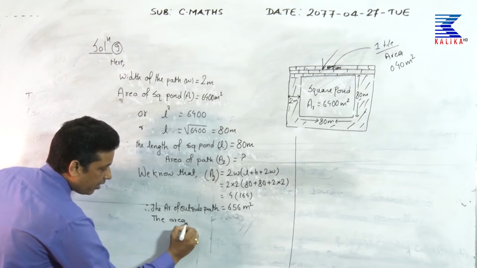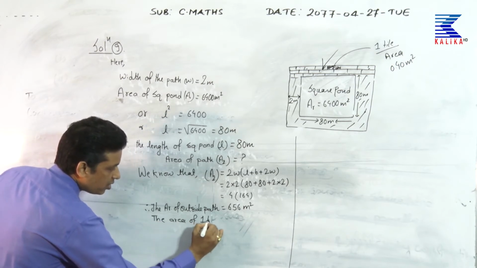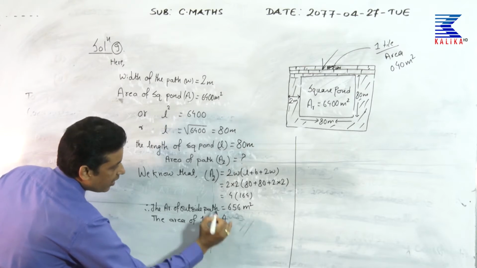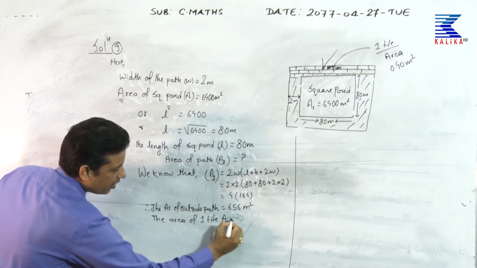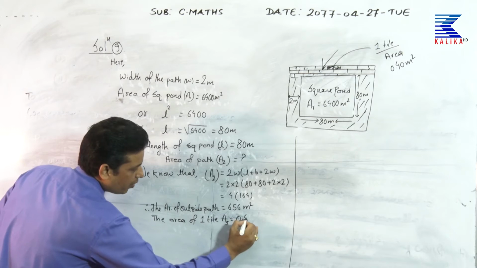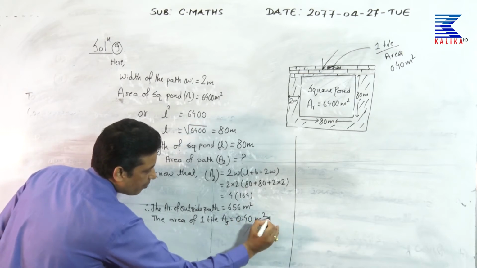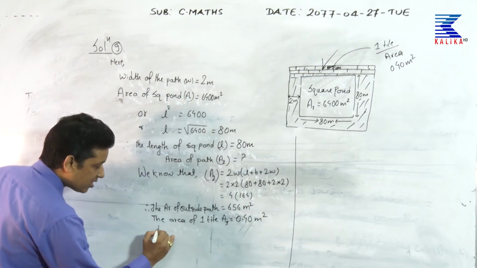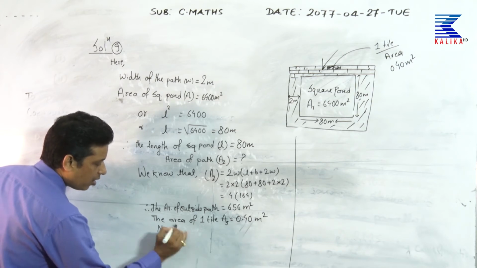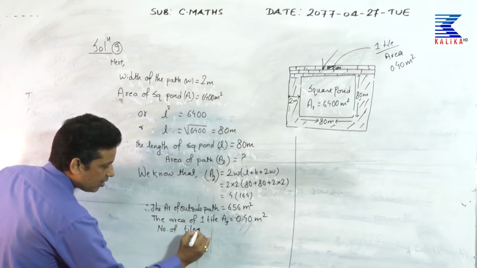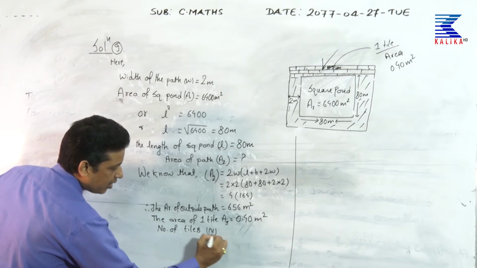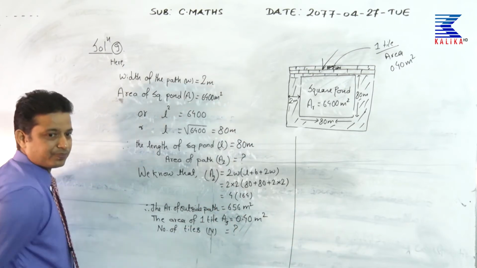So, here one more given thing I am writing here. The area of one tile, let us say A3, is equal to 0.40 square meter. And here what is asked in B? The number of tiles, let us say n, is equal to what?